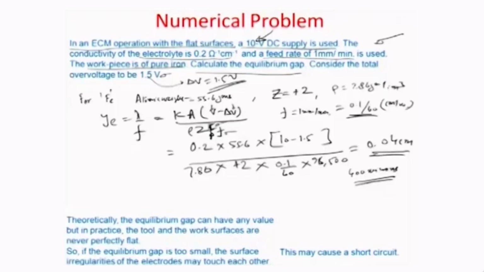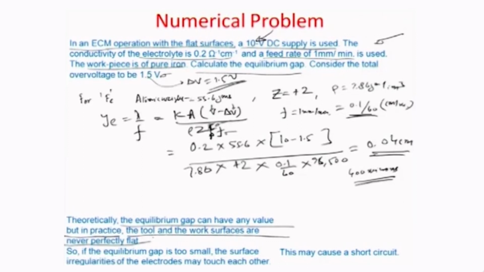Therefore, sometimes if the pressure values are comparable to the ultimate yield stress of the material, there is a possibility of the electrode surface getting deformed because of the pressures generated by the so called electrolyte.